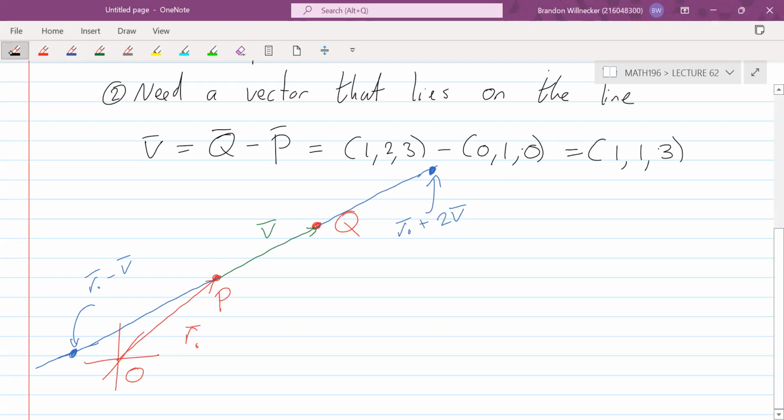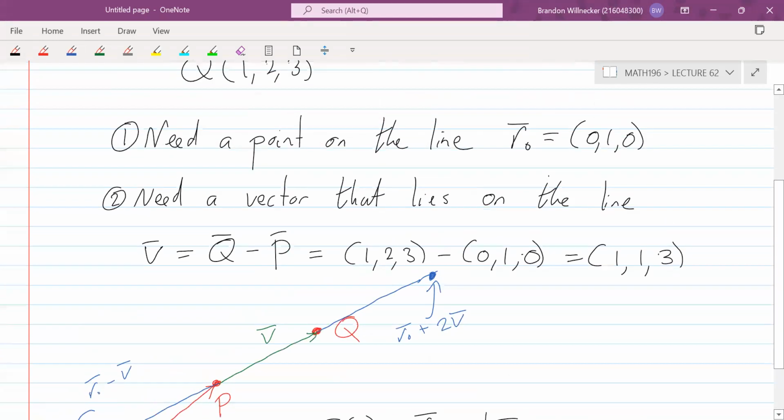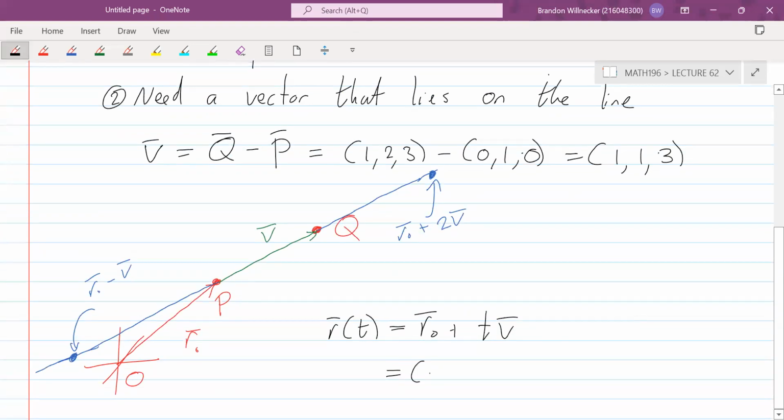Okay, so let's put everything together. R of t is equal to R naught plus our parameter t times V. R naught, we said that was 0, 1, 0, plus t times V, which is 1, 1, 3.